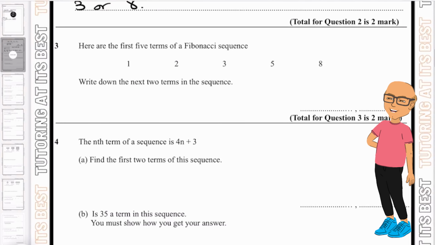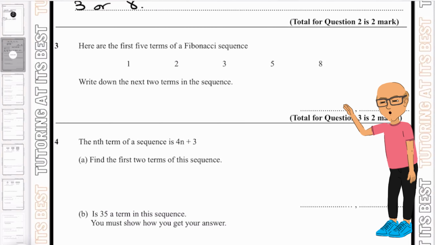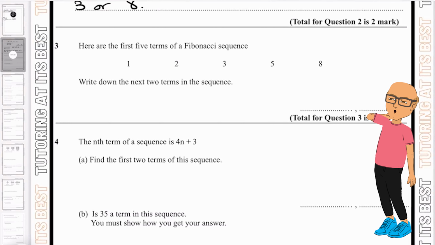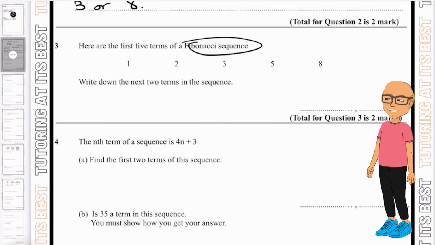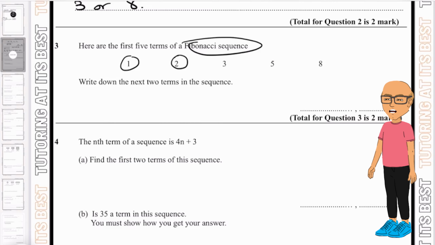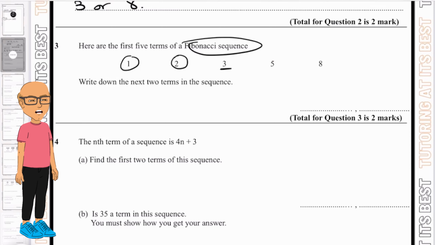Okay, question 3. We've now got the first 5 terms of a Fibonacci sequence. Write down the next 2 terms in the sequence. So let's understand what a Fibonacci sequence is first. The Fibonacci sequence is where you add your first and your second number to make your third number. And that repeats in every step.